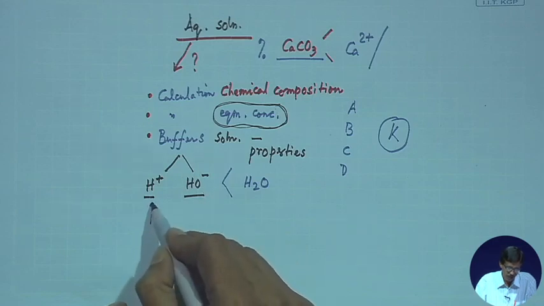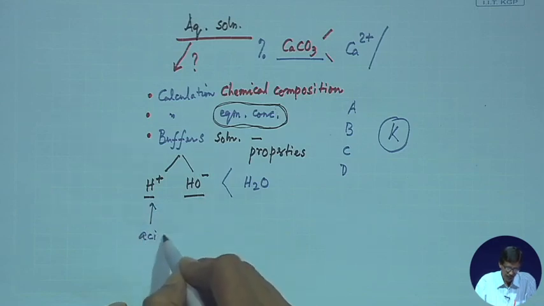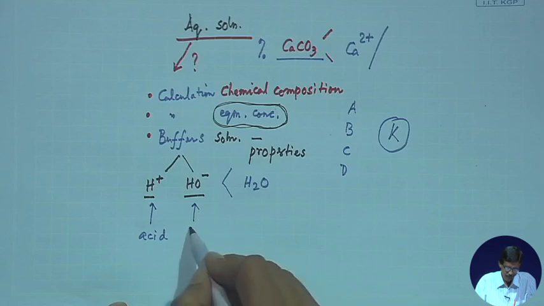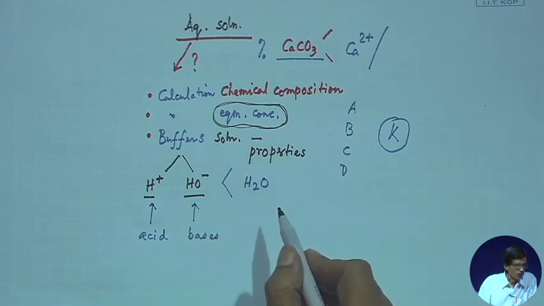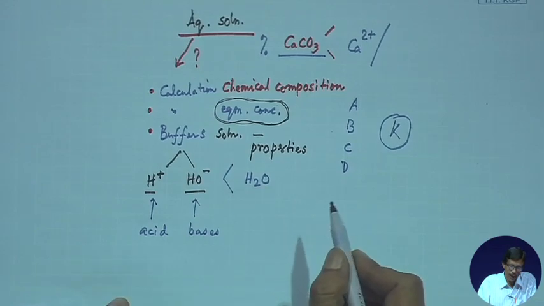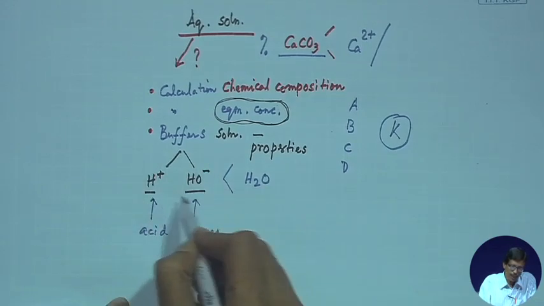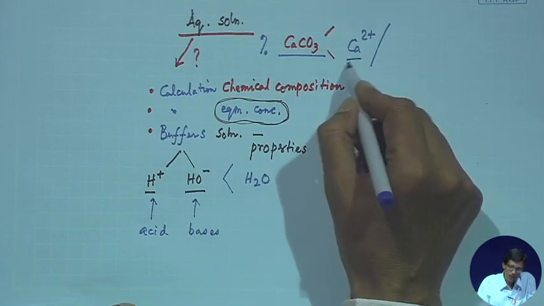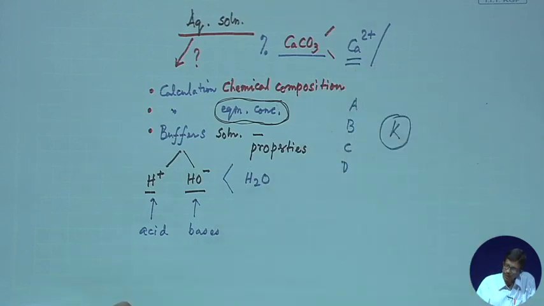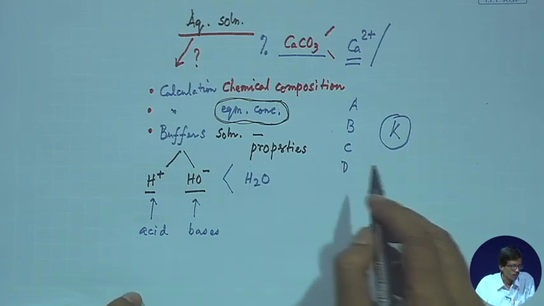But apart from that, we can also get these from acids and the different bases. So, we can get these H+ and HO-, but we are talking about something else, where we talk about how a saturated solution of Ca2+ is useful.